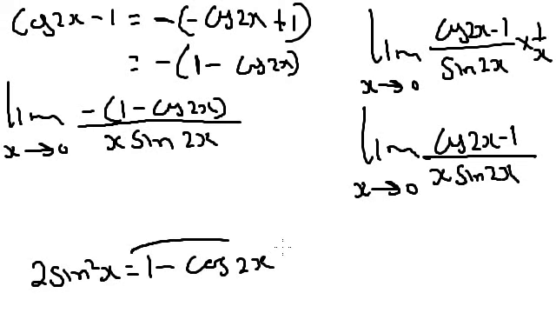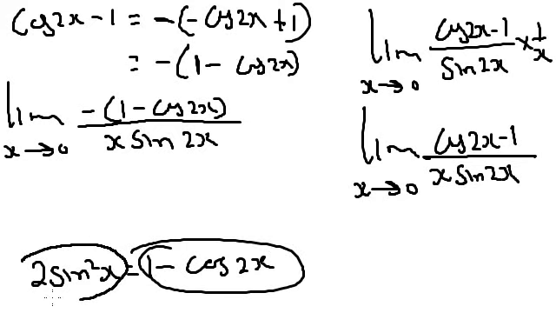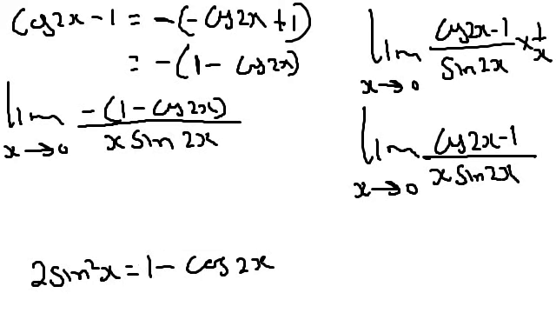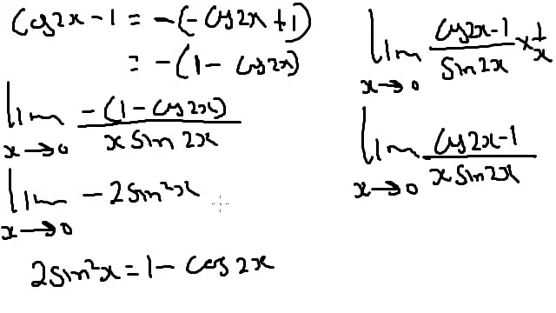Now we showed that 1 minus cos 2x is equal to 2 sin squared x. So we can replace 1 minus cos 2x with 2 sin squared x, and therefore we now have the limit as x approaches 0 of negative 2 sin squared x divided by x sin 2x.